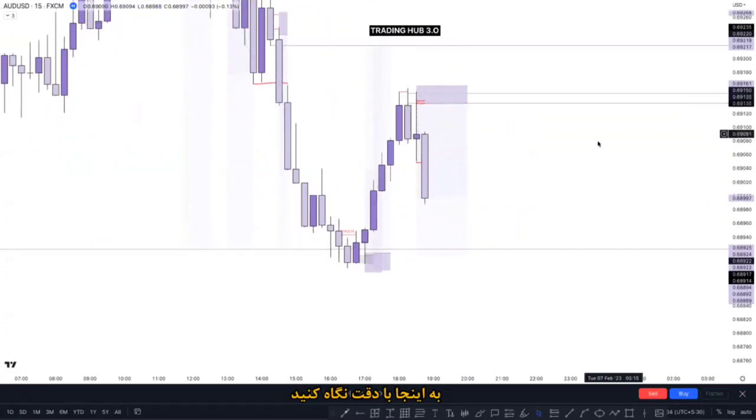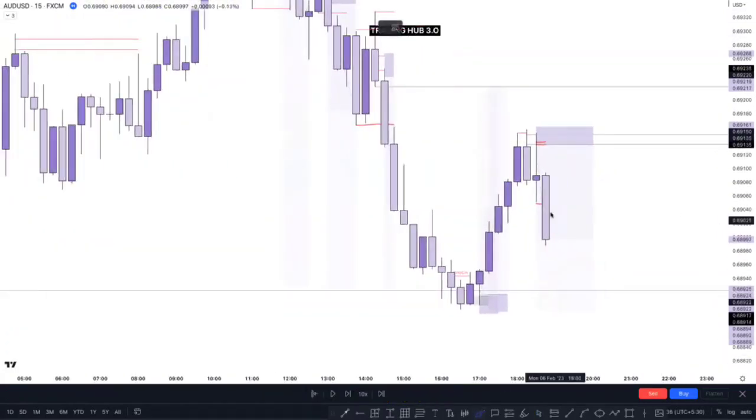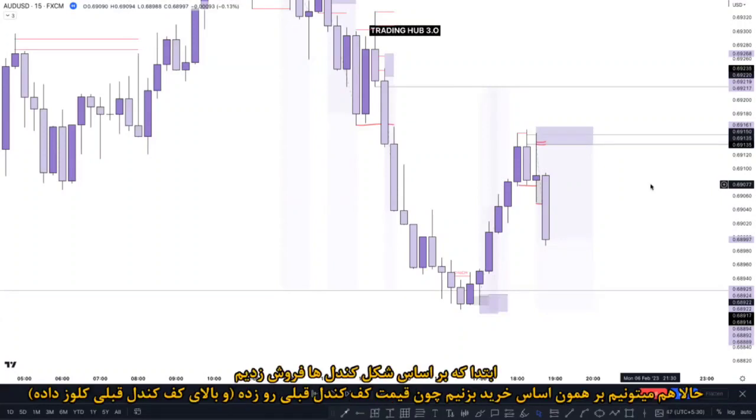Look at this picture very carefully. The previous candle low was taken out, and this shadow acts like our PY. Now you have to think in terms of both side probability. First, you are selling here based on the candlestick formation. Now again you are willing to buy here based on the candlestick formation, because the market already took out the previous candle low.